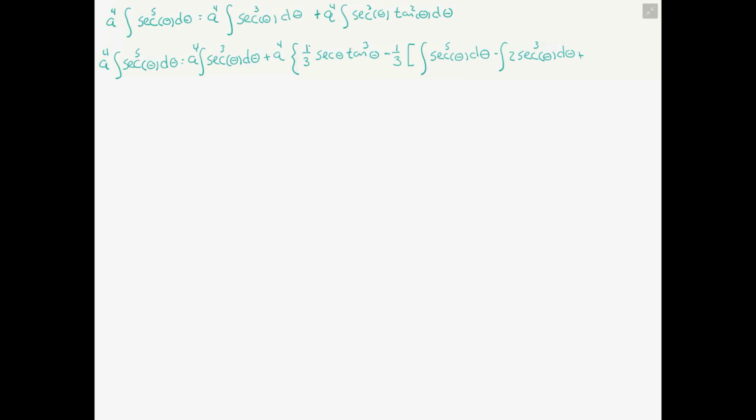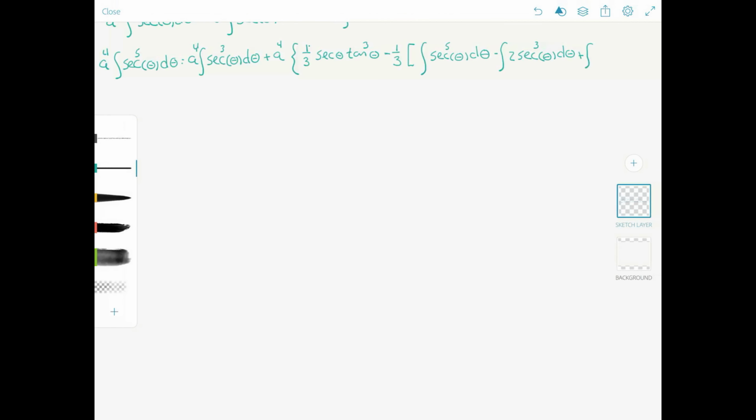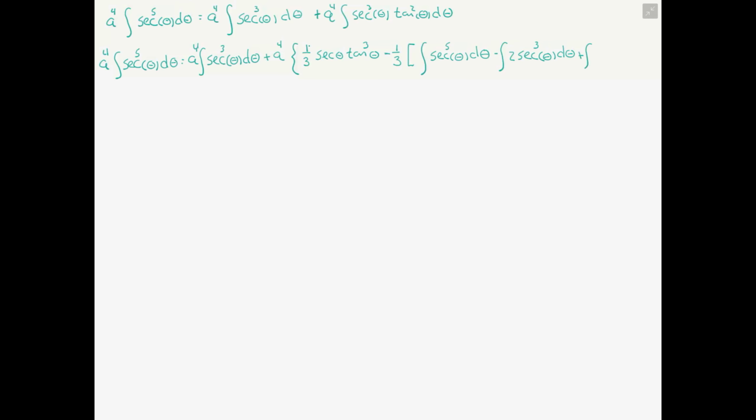You have to be really careful when you do these because it's so easy to miss something like a sign or a constant. You have to be very meticulous, otherwise you'll screw it up.